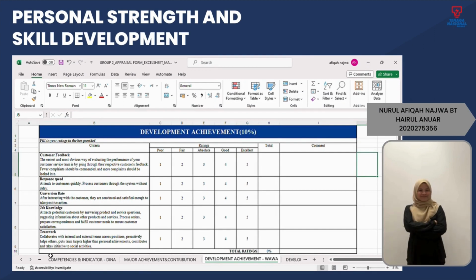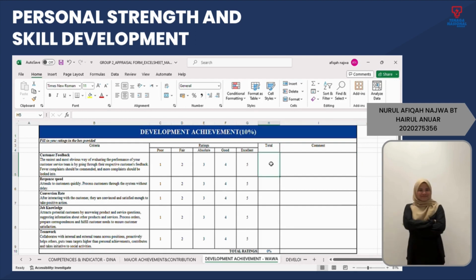So this is the development achievement of the appraisal form, which consists of 10% of 100 in the appraisal form. The instruction given is to fill in your rating in the box provided. We have 5 criteria here: customer feedback, response speed, conversion rate, job knowledge and teamwork. We have a rating out of 5 for each.